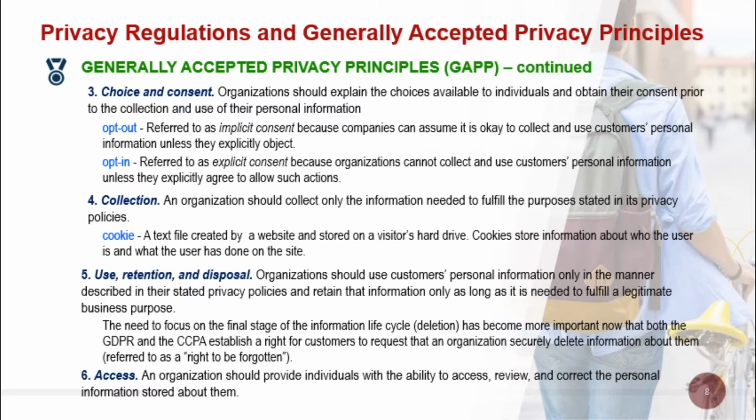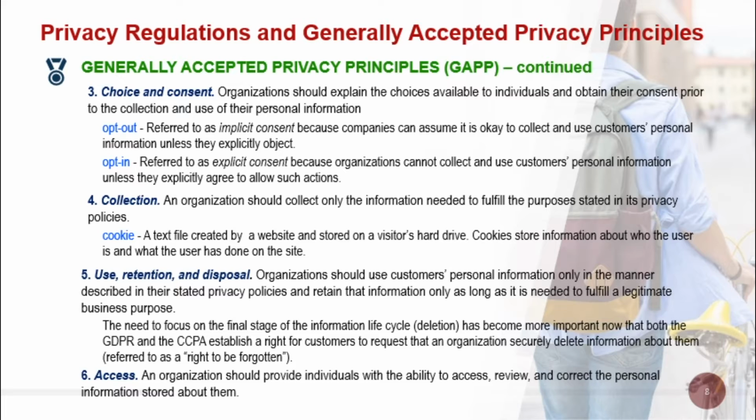There is opt-out and opt-in. Opt-out refers to implicit consent. Implicit means companies can assume it is okay to collect and use customer personal information unless they explicitly object.